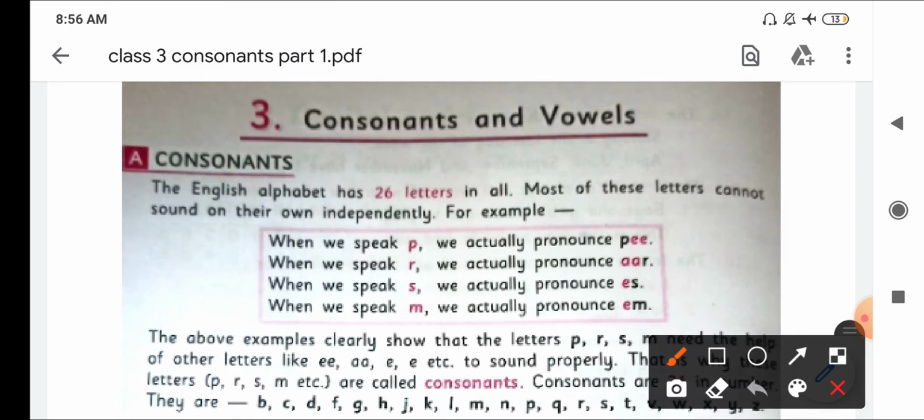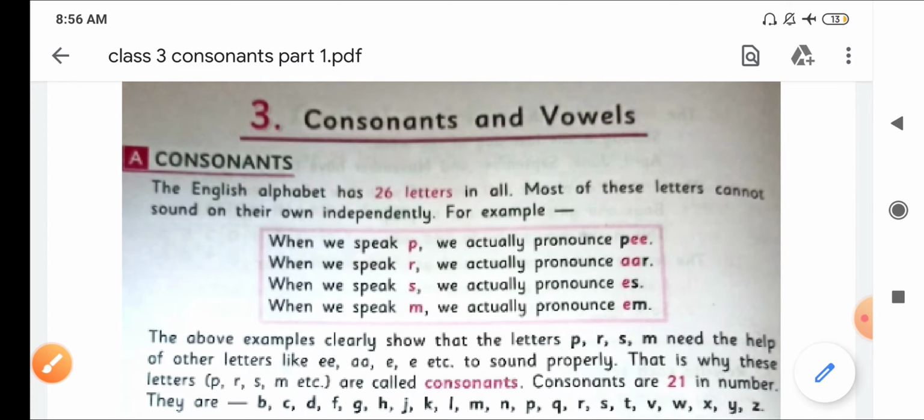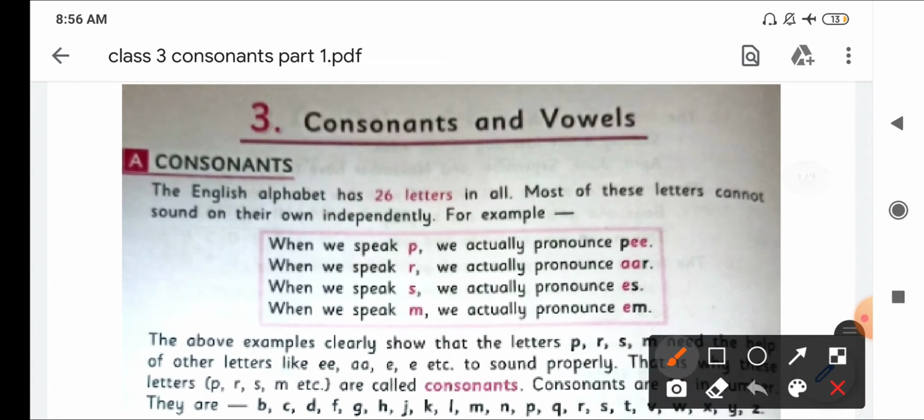Here you can see the English alphabet has 26 letters in all. Most of these letters cannot sound on their own, independently.